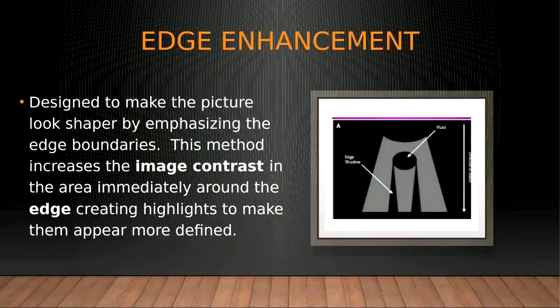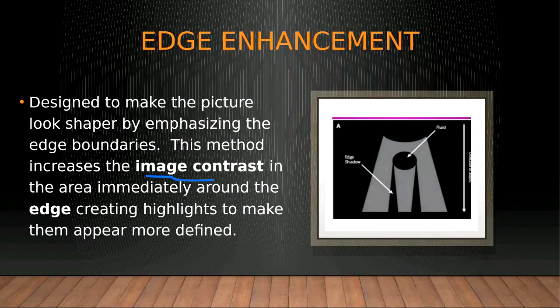Edge enhancement is designed to make the picture look a little bit sharper by emphasizing the edges, whether it be a mass or the gallbladder or anywhere you'd have a little shadow along the edges. This is going to make that even a little bit more pronounced. So this method increases the image contrast in the area immediately around the edges.